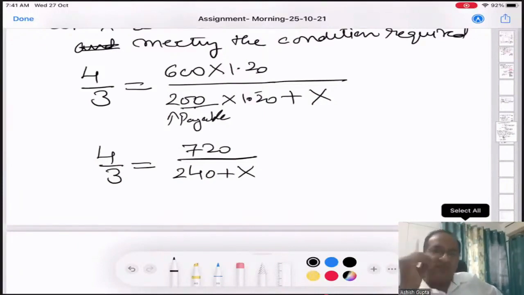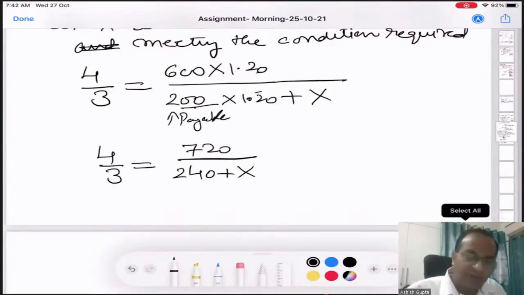In the suggested answer there is some error. Instead of 720, we have given 600, but there will be no change in the final answer. Don't worry. I am going to tell you that just after completion of the question, but I'm happy you are very vigilant like this. Thank you, Sai. Okay, just give me the value of X.